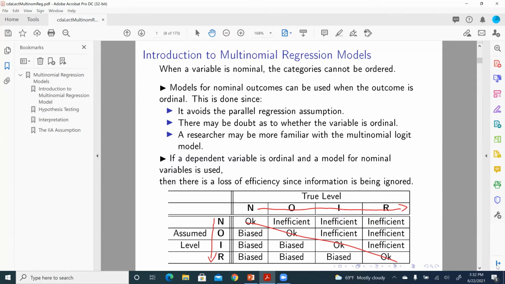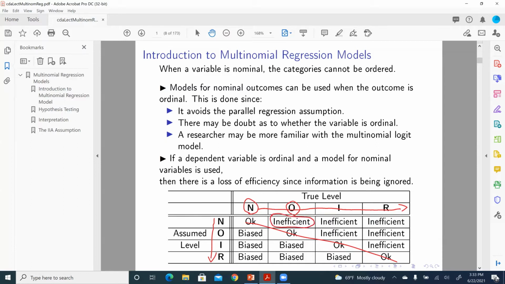And we use a modeling technique designed for the assumed level. So here, for example, if the true level is, let's say, ordinal, more quantitative than nominal, and we use a regression modeling technique for a nominal variable, which is the multinomial regression model, for an ordinal response variable, the true level, well, what we will get is inefficiency.